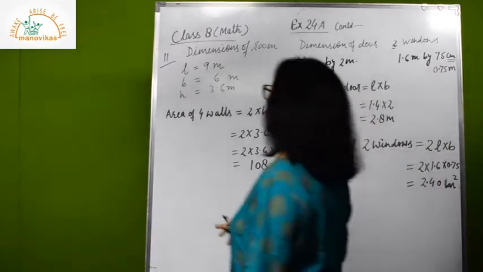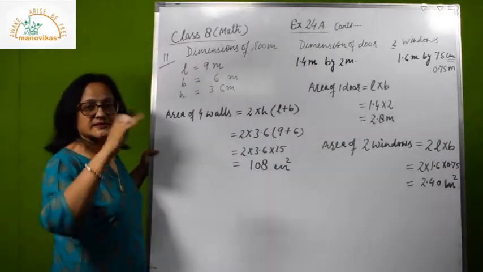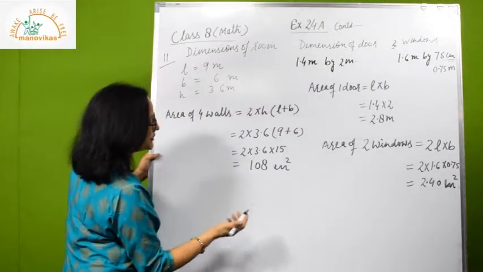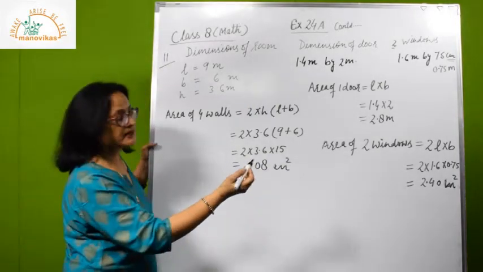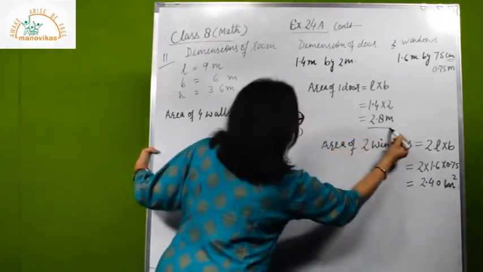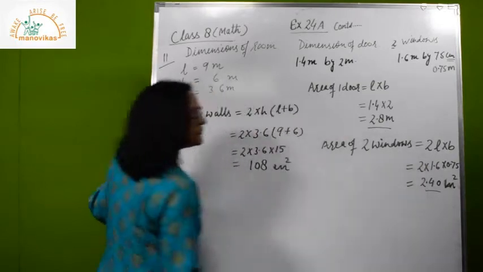Now you have to find the area of four walls excluding door and windows. So from this area you subtract both these areas, the area of one door and the area of two windows.